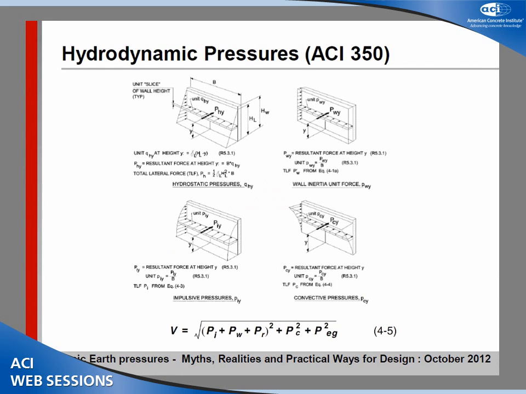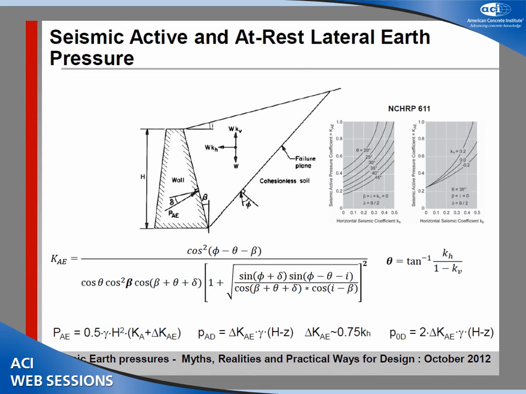To calculate the forces due to fluid, the code does provide some guidelines and some simple formulas to obtain the impulsive pressures due to the fluid, and then using that approach you can obtain the impulsive forces.